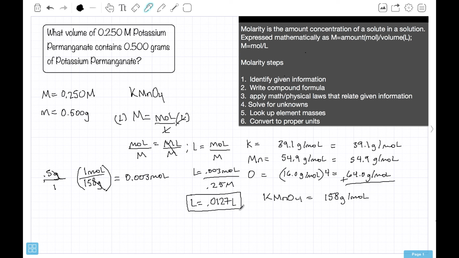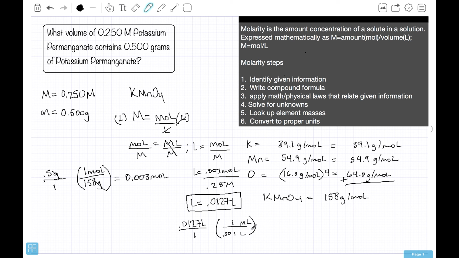But if we convert that over to milliliters, you'll find that 0.0127 liters, put that over 1. And now we want liters to cancel, be left with milliliters. And we found in the past that 0.001 liters equals 1 milliliter.